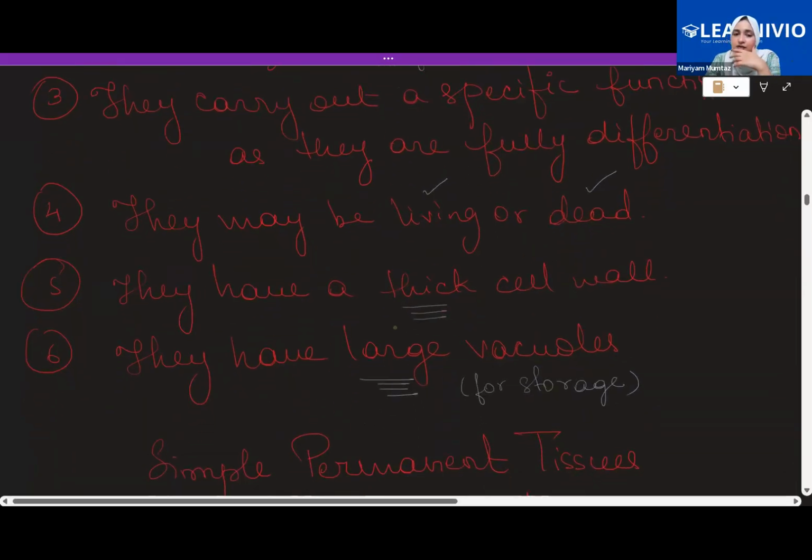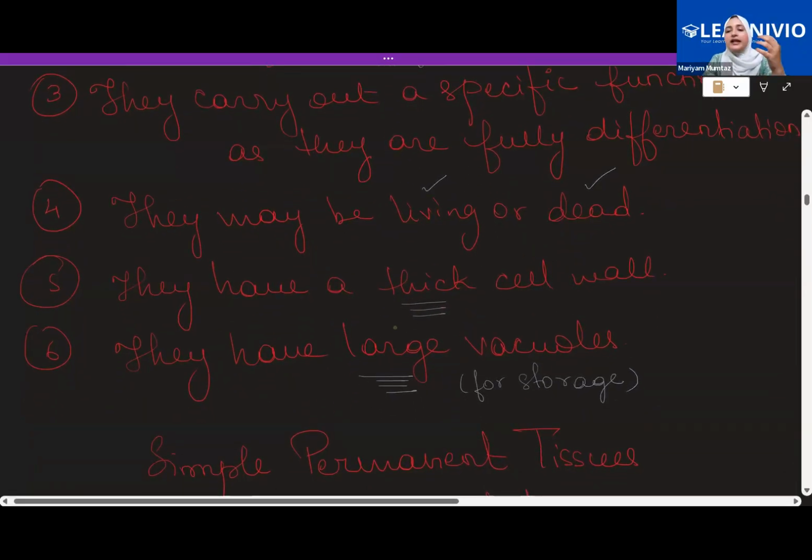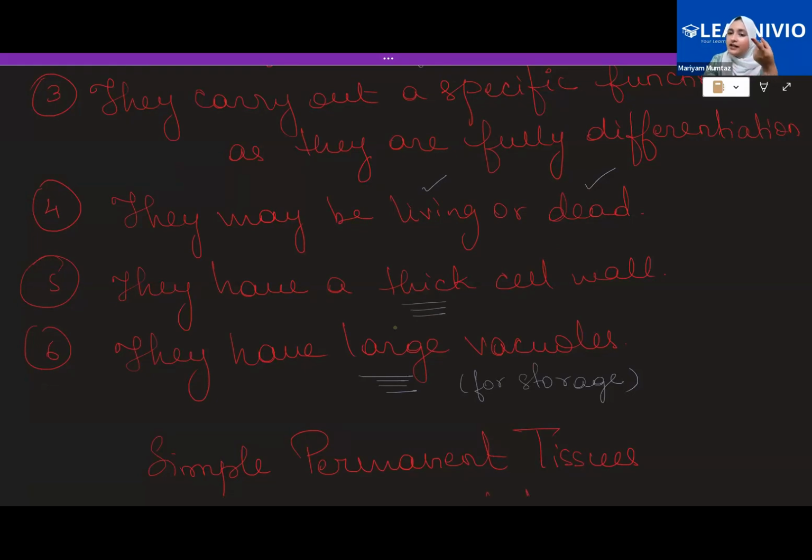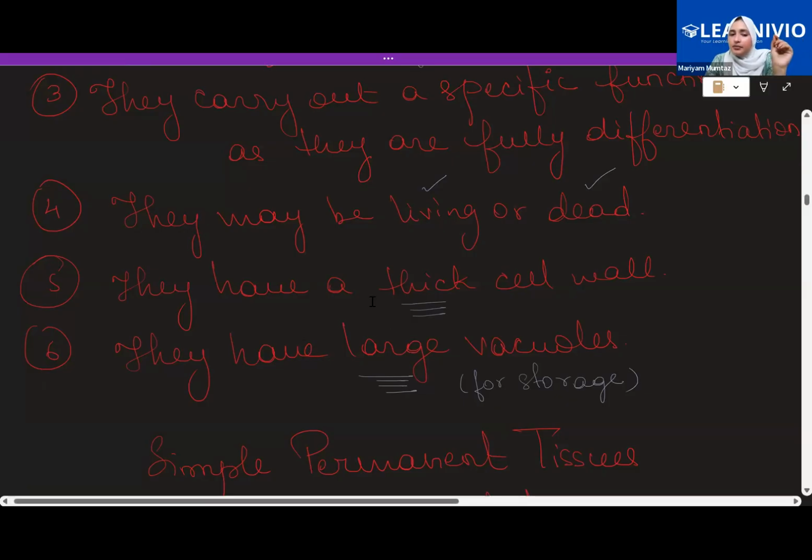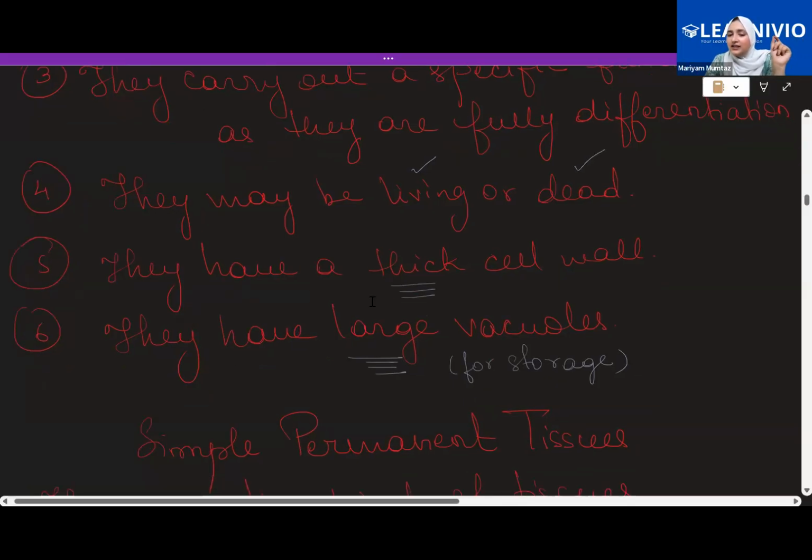Now, the permanent tissues can be dead or they can be living. Both kinds are found. If they are dead, they will always be providing support. If they are living, they will be providing storage and the like, but they will not grow. Okay, they will not increase the height or width. Now the permanent tissues have a thick cell wall.